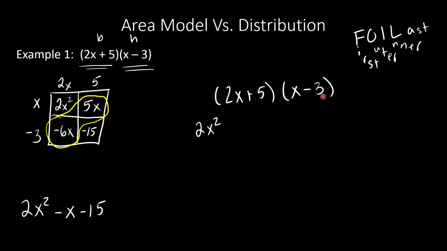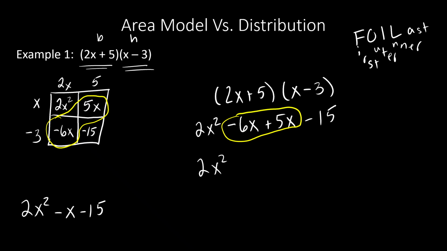Outer means the two outside terms: 2x times negative 3 gives you negative 6x. Then the inner, the I in FOIL, is 5 times x, which would be 5x. And last is 5 times negative 3, which is negative 15. Then we have the like terms right there, negative 6x plus 5x, which gives us negative x, so 2x squared minus x minus 15.